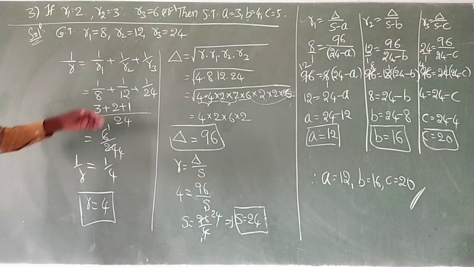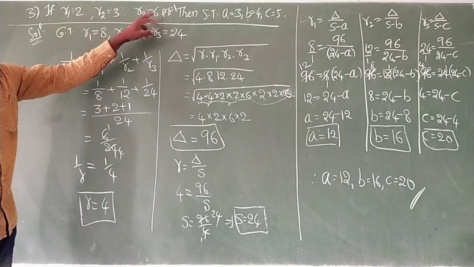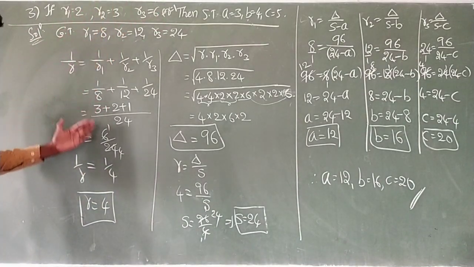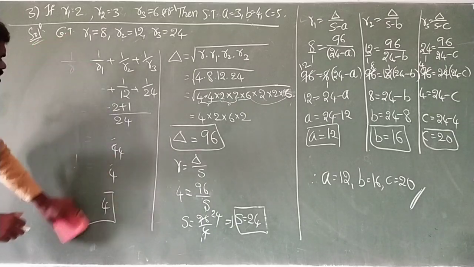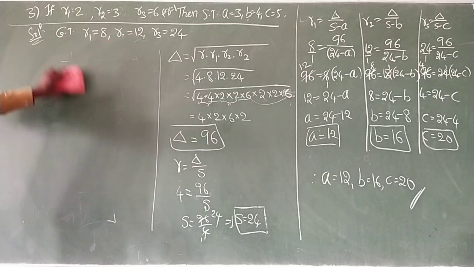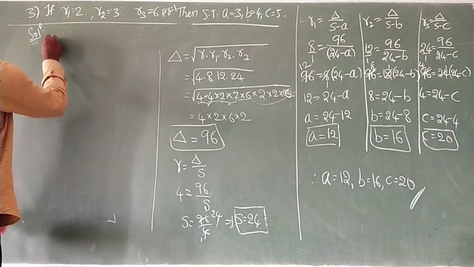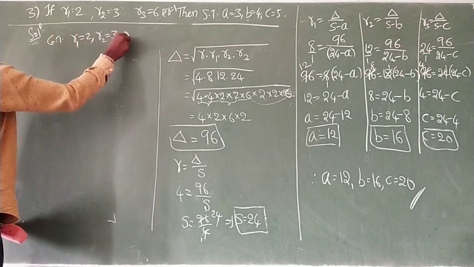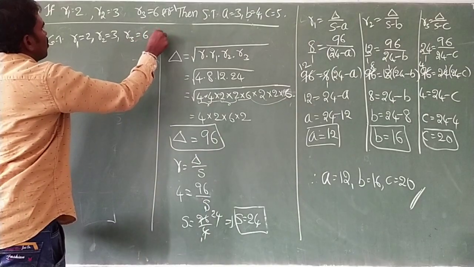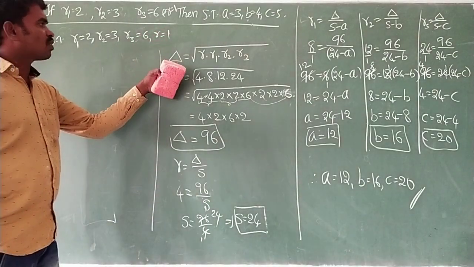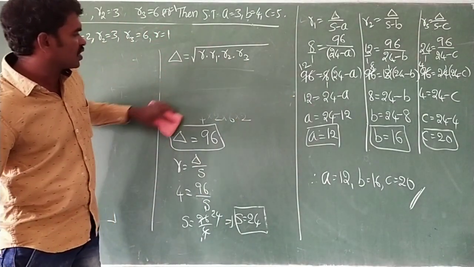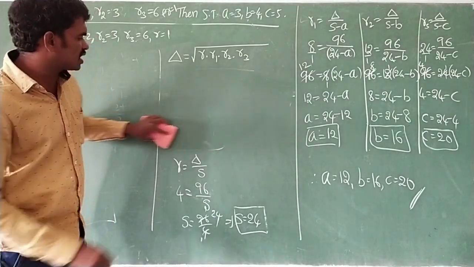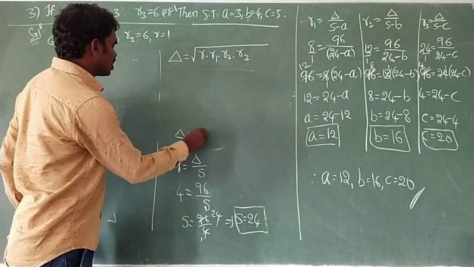How can we solve? Already R1, R2, R3 and r are also given. So no need for this concept. So how can we do it? Just write, given that small r1 is 2, r2 is 3, r3 is 6, r is 1. So directly find the capital delta value. You will get the answer 6. Delta equals 6.